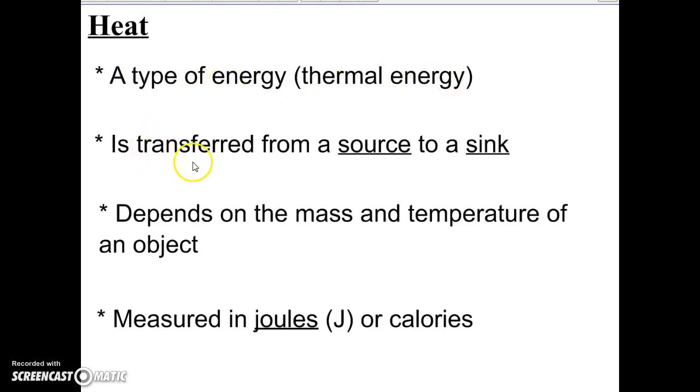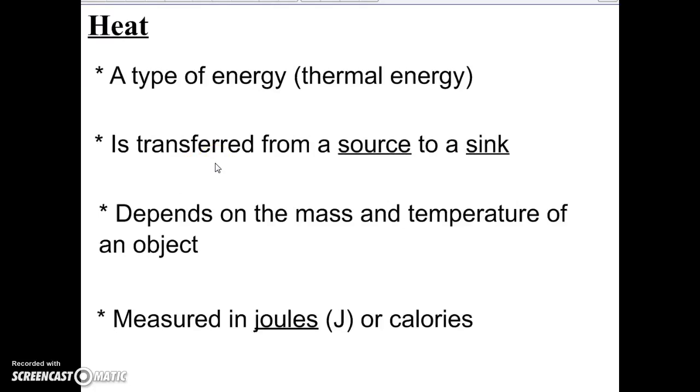Heat can also be transferred from one object to another. Heat will always go from a hotter object, which we call the source, to a cooler object, which we call the sink. If you light a fireplace, the heat will move from the hot fireplace to the cooler room. You can't transfer temperature. You can't give something temperature. You can give it heat, but not temperature.